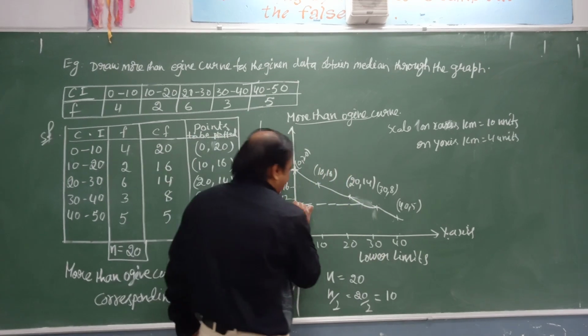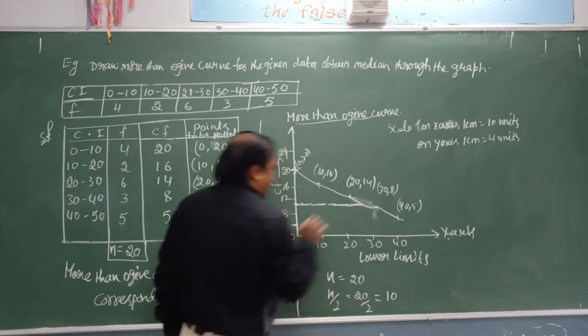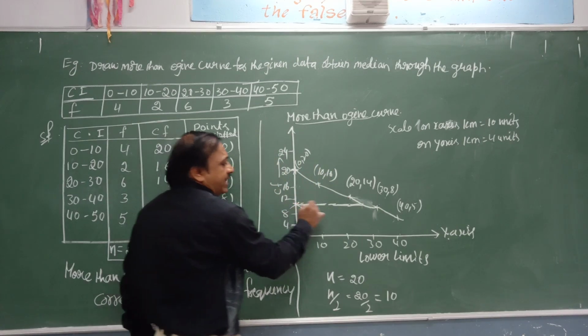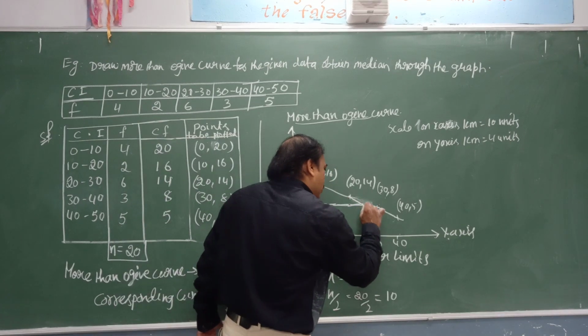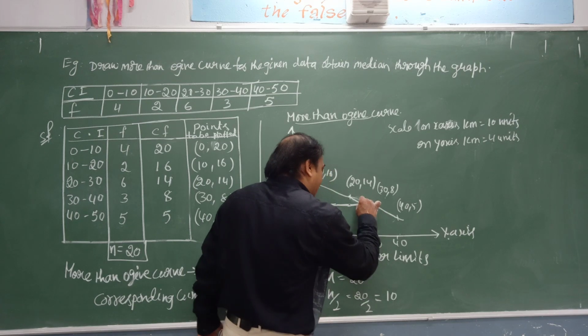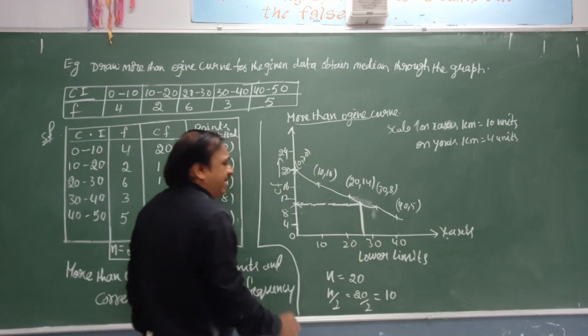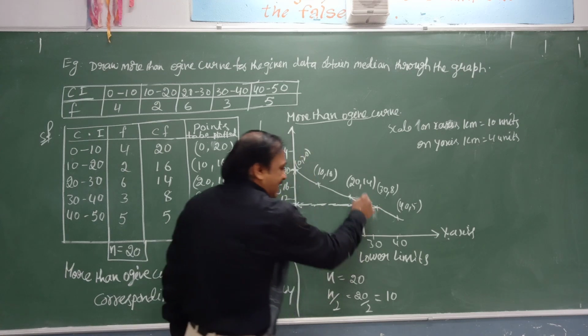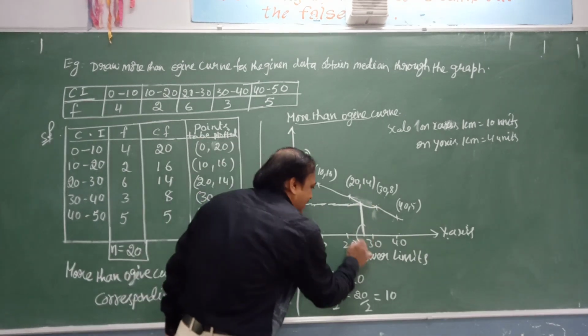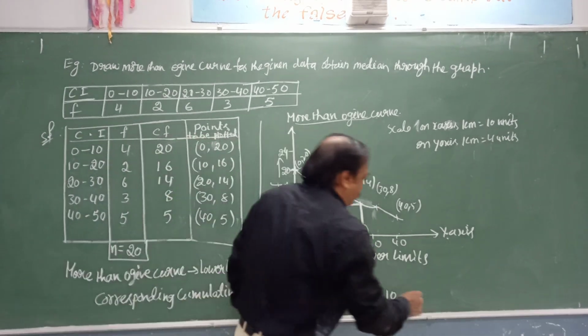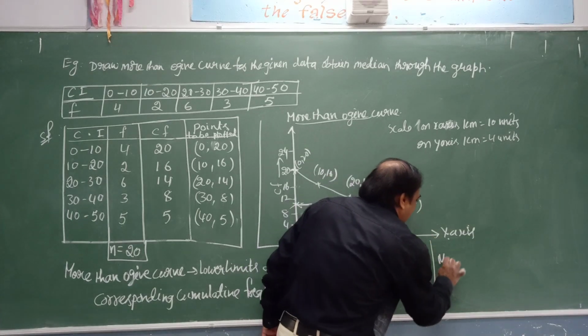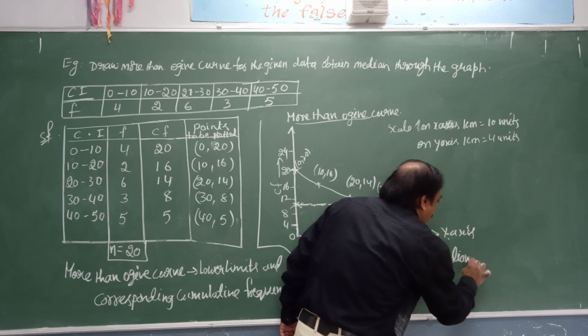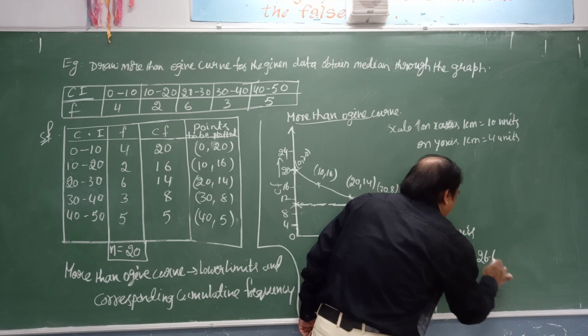Where it meets the curve, from here draw a perpendicular to the x-axis. This is the median. We calculated previously that the median is equal to 26.6.